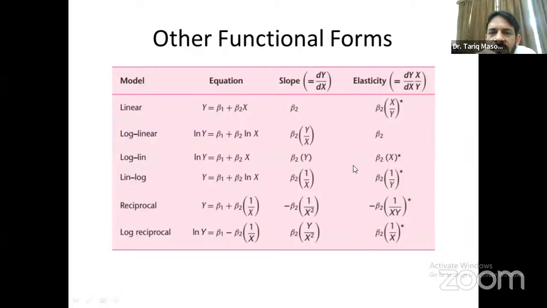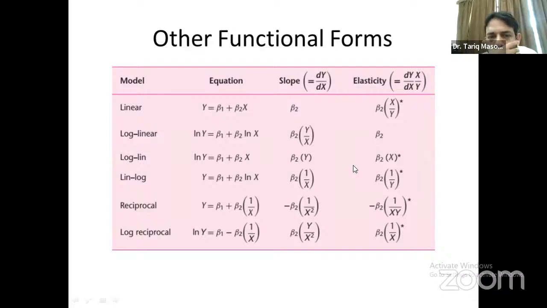This is a very simple mathematical model that we deal in class 7, 8. Simple linear equation. Beta 2 is slope and beta 1 is intercept. That's true. This is purely mathematical nomenclature for beta 1 and beta 2.